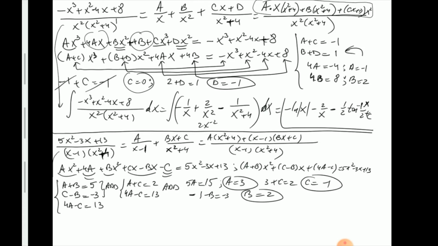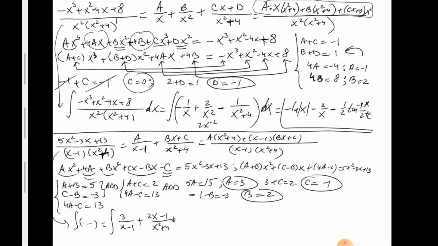Okay, so if I were to integrate that fraction, that integral now splits into the integral of a over x minus 1 plus bx, which is 2x minus 1 over x squared plus 4.